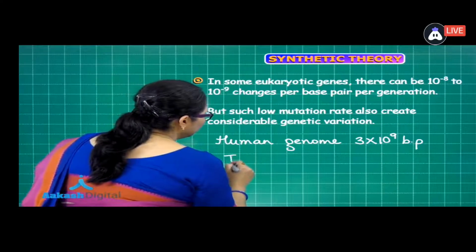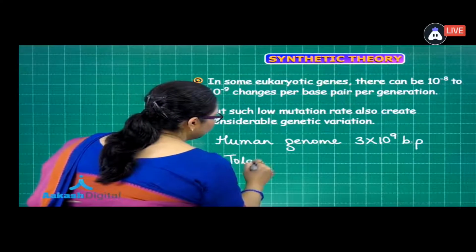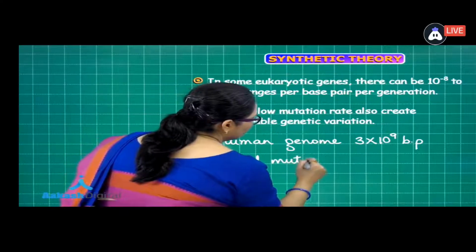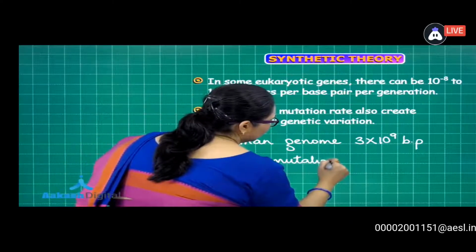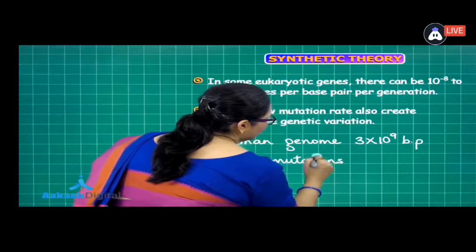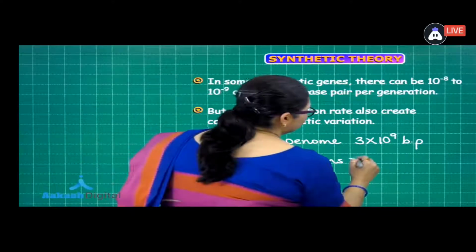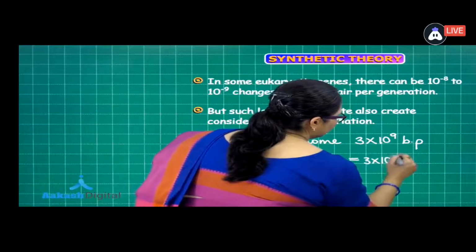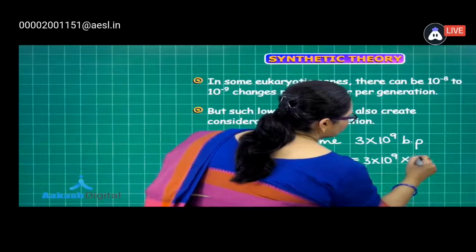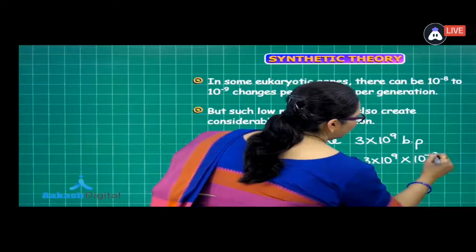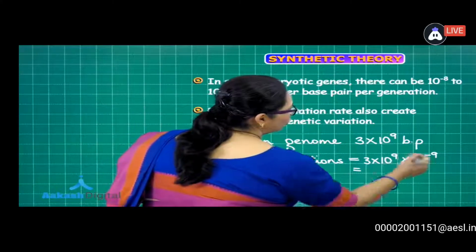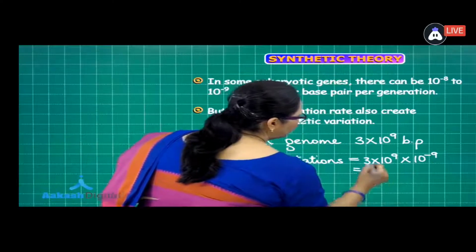So total mutations in one genome can be this multiplied by 10 to the power 9. So these two will cancel out and this would be 3.